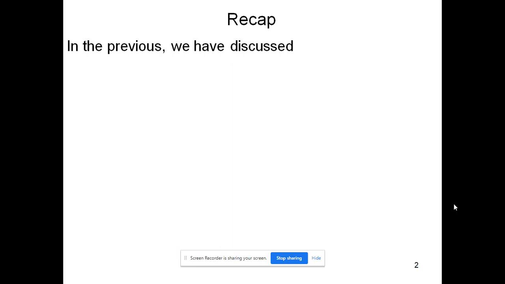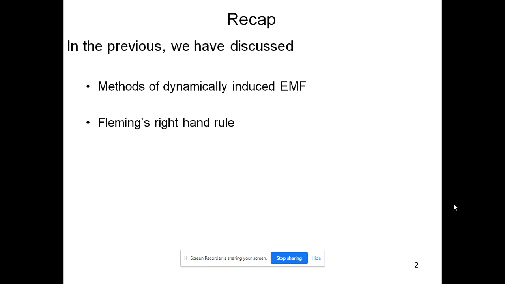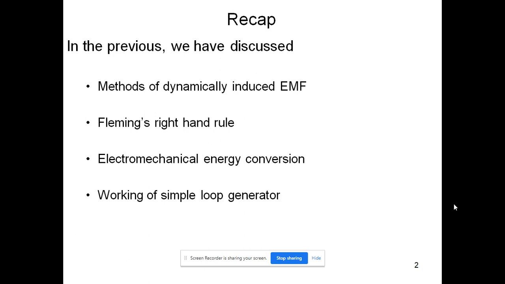In the previous PPTs, we have already discussed the methods of dynamically induced EMF and Fleming's right hand rule, and electromechanical energy conversion and working of a simple loop generator, and also the principle of working of DC generator.